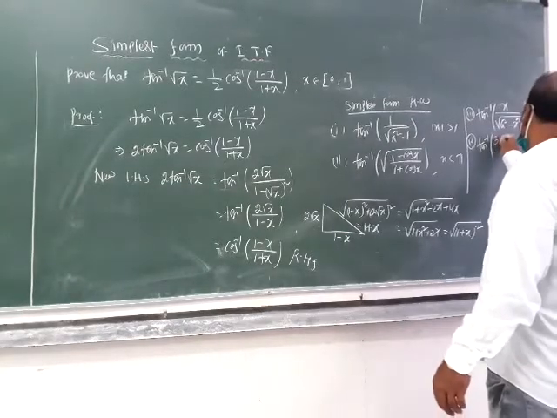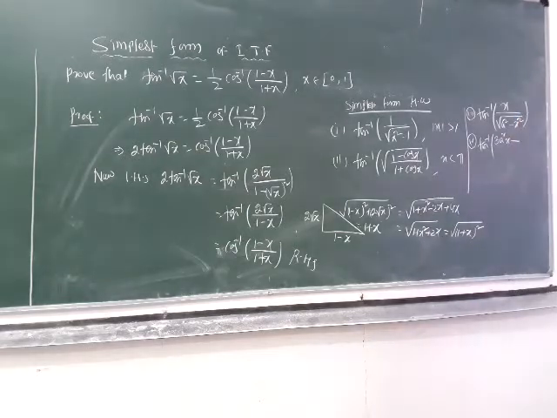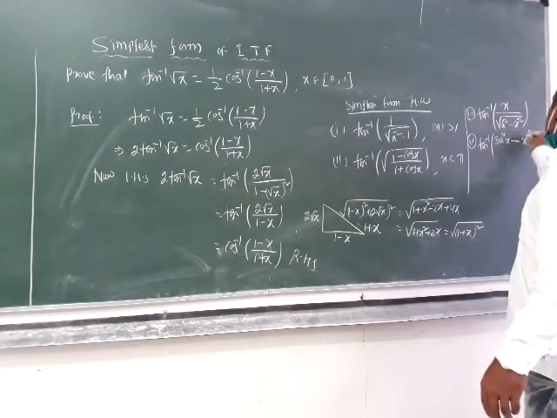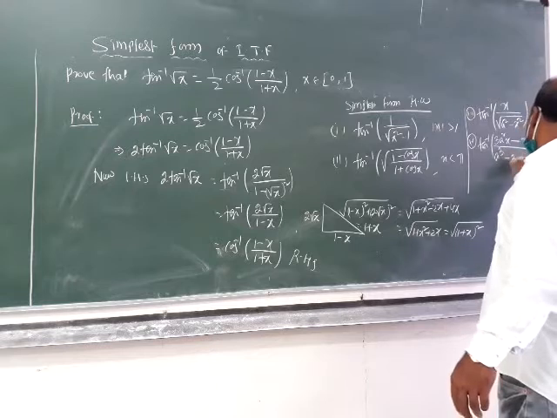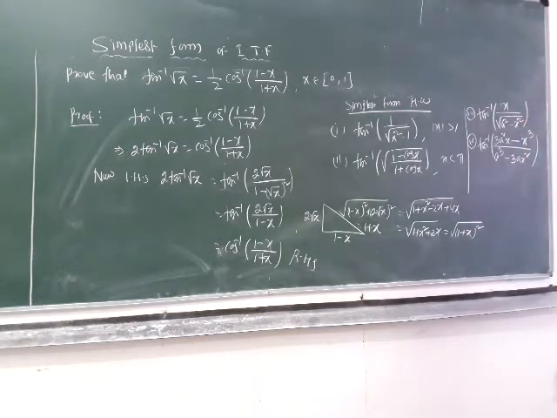Here put directly x is equal to a tan theta, because of the tan 3 theta formula. Not only tan theta, but x is equal to a tan theta. Then a cube common, it will be easy for you.